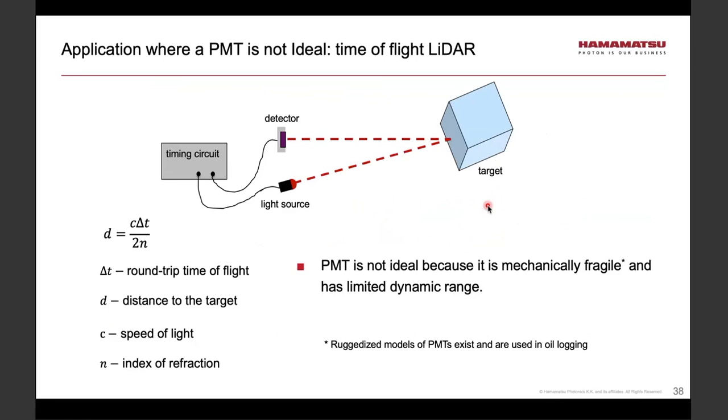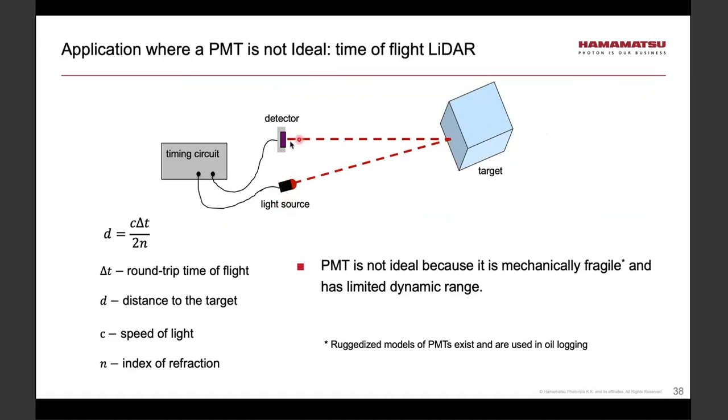Now, an application where PMT would not be ideal is automotive LiDAR. LiDAR is a technique of finding distance using light. In this depiction, this is a time of flight approach where a light source produces a pulse of light, which reflects from the target and is detected by the detector. We measure the time of flight, and from that, we get distance.